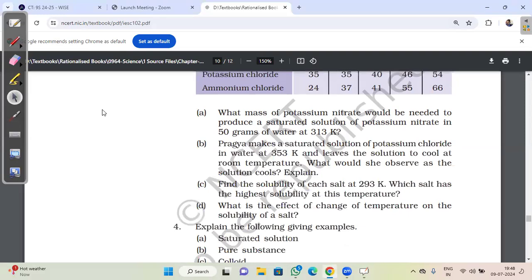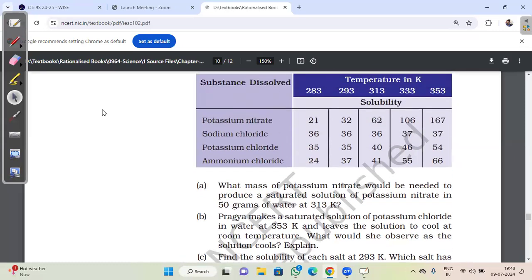What mass of potassium nitrate would be needed to produce a saturated solution of potassium nitrate in 50 grams of water at 313 Kelvin? So you have to look at 313 Kelvin, which is 40 degrees Celsius.